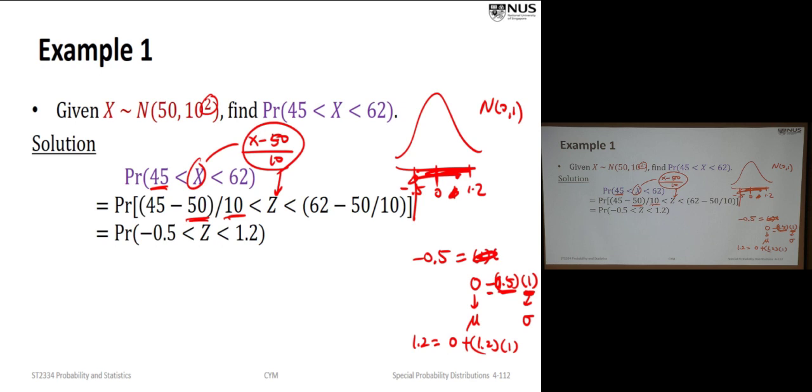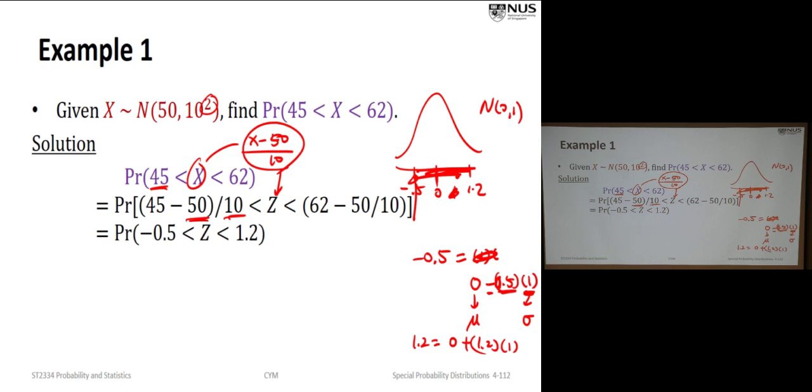So many random variables follow different normal distributions. If we want to standardize them so we can compare, everyone converts to a standard normal. So in this case, the probability of X between 45 and 60 is equivalent to asking what's the chance that X lies half a standard deviation below the mean and 1.2 standard deviations above the mean.